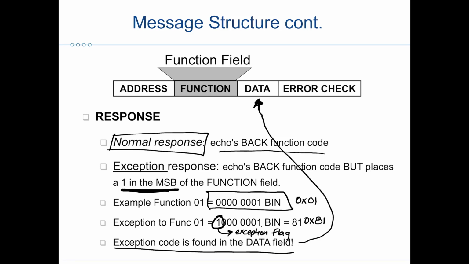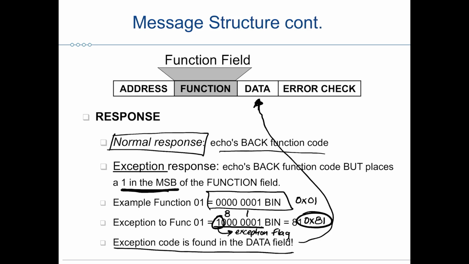And if you look at converting this binary string into hex, you would have 1000 equaling 8 in hex, and 0001 equaling 1 in hex. The function code exception would be 81. A flag indicating an exception, and then the same function code echoed back as a function code 01.